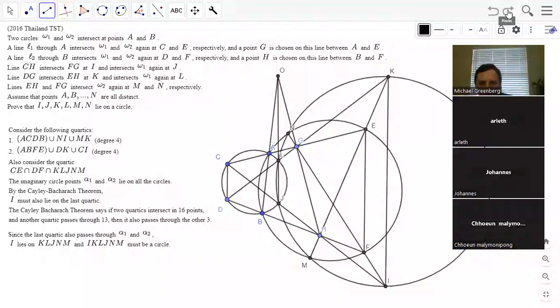Let's see. So that circle's omega 2. Oh, no, really? No, I don't want to hide that circle.